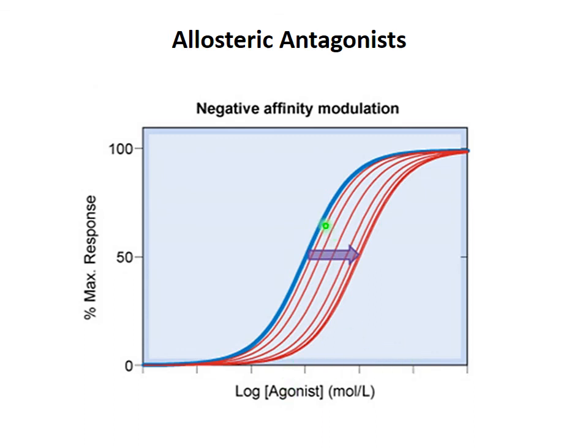So these red lines mean lowest amount of antagonist, then higher, and the highest amount of allosteric antagonist should shift the curve to the right, but still give us the same maximum biological response, if we're just affecting the affinity.